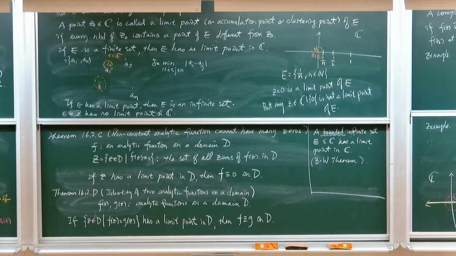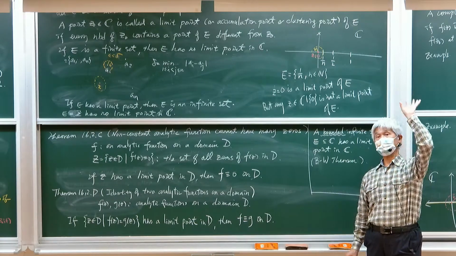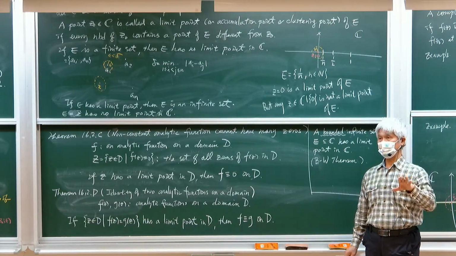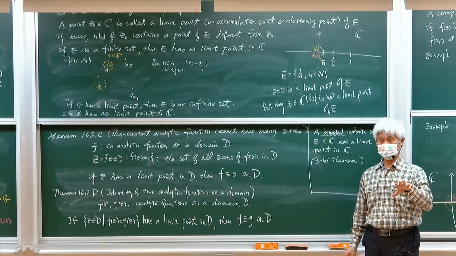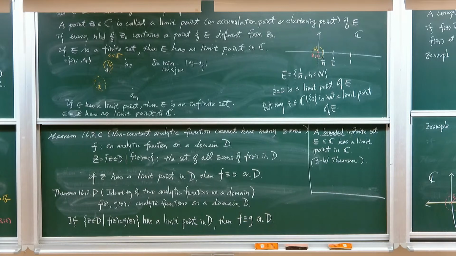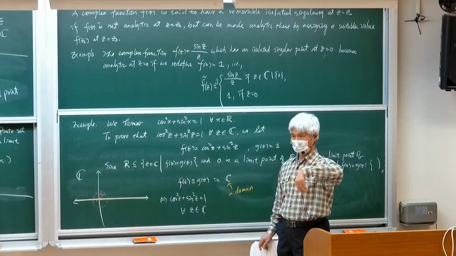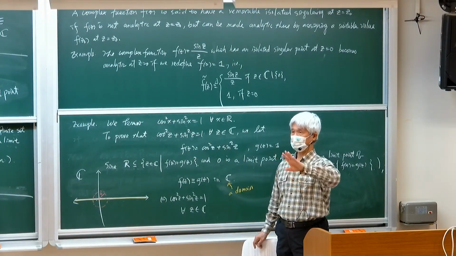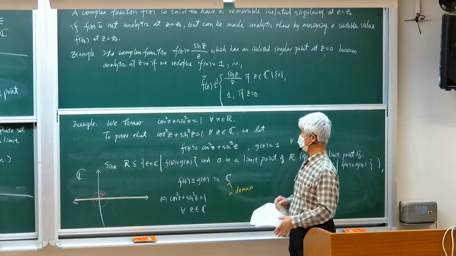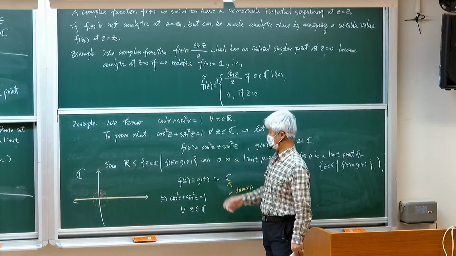If we have an identity on the real line, then this identity can be extended to an identity in the complex plane, usually if the functions are defined on a domain of the complex plane. So you can extend them, just like this example.